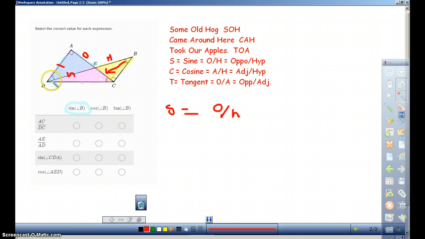AED. Aha, well this is very good. This is something we haven't talked about yet, but the sine of this angle of the blue triangle is equal to the cosine of that angle. Let's see why. Ready?